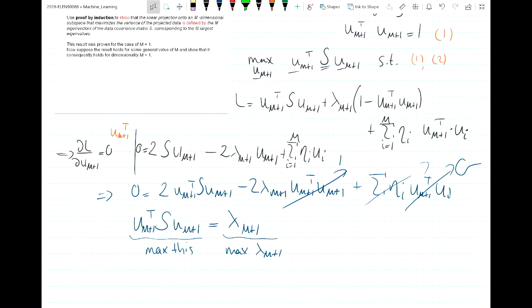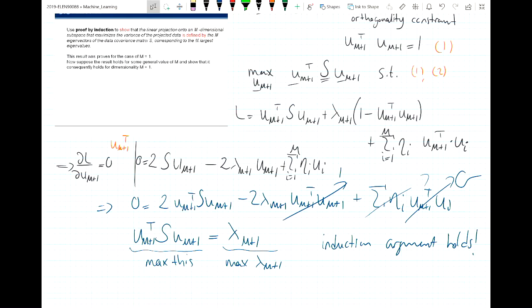Therefore, the result holds, and the induction argument holds. So if m is the correct one, then m plus 1 is also the correct one, and the lambda m plus 1, the next largest eigenvalue's eigenvector, is used for the m plus first dimension, and that concludes the argument for the inductive step.